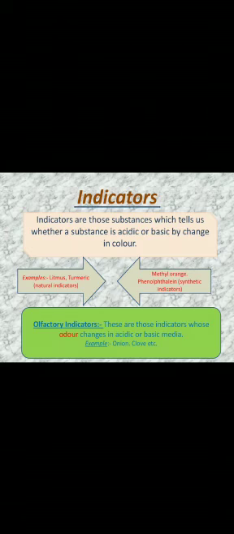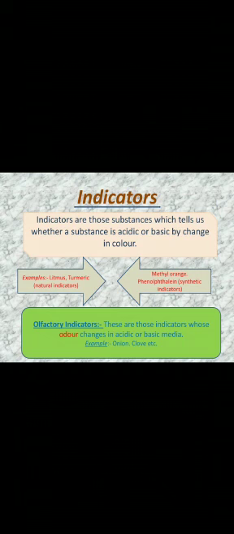Indicators. Indicators are those substances which tell us whether a substance is acidic or basic by change in color. An indicator shows one color in acidic medium and a different color in basic medium. We have mainly three types of indicators.